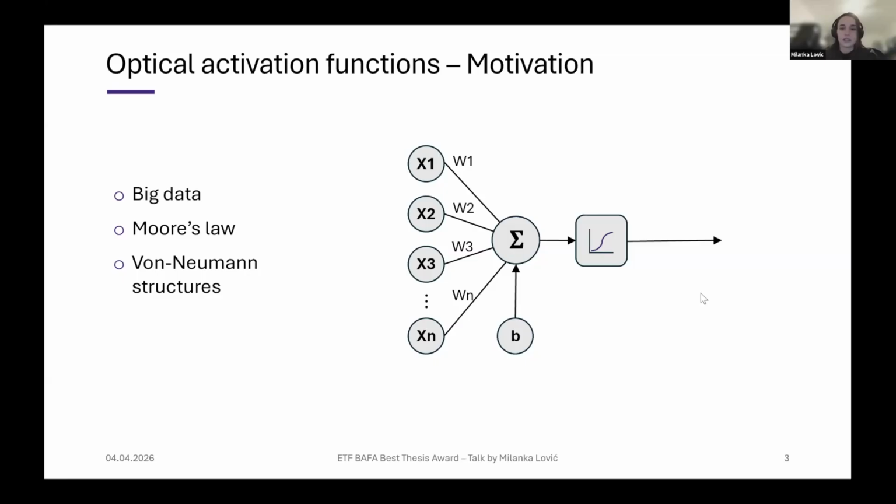On the right-hand side of the slide, I show a single neuron, which is the fundamental processing unit in a neural network, as I'm sure you all know, and it consists of some linear operations on the left and a nonlinear operation on the right side. It resolves some of our issues regarding computational speed and efficiency, because it does not separate the memory from the processing unit.